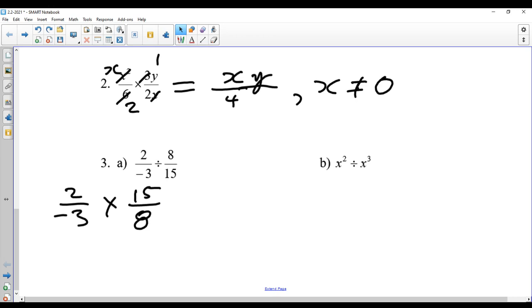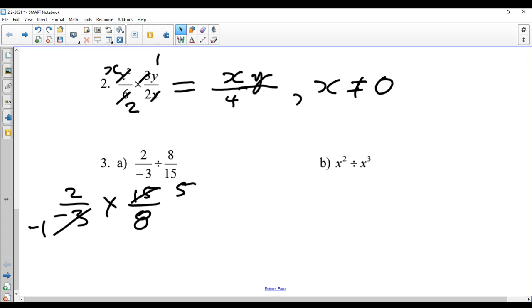Can we reduce it down? Yes, we can. Can somebody tell me how we can reduce this down? Wanya, go ahead. Okay, so I can divide minus 3 by 3, which gives us minus 1. And we can divide this by 3, which gives us 5. Good.